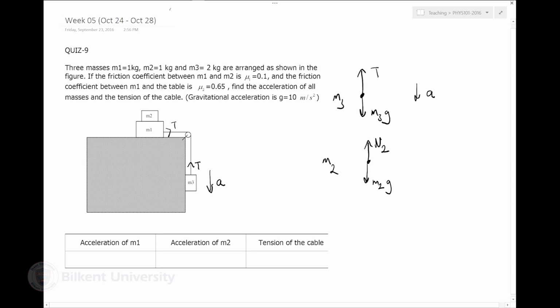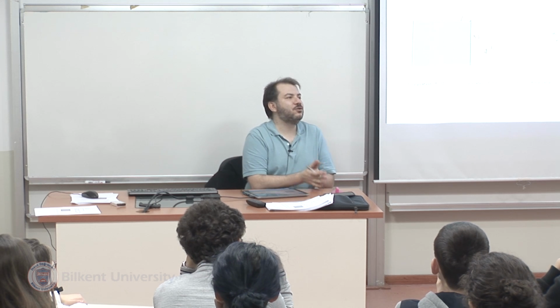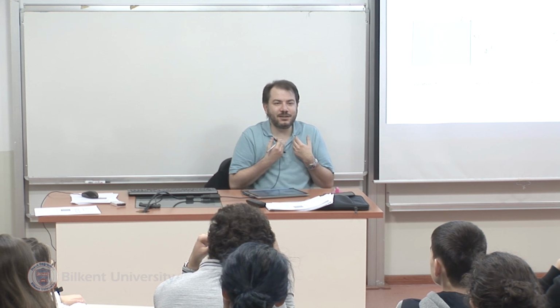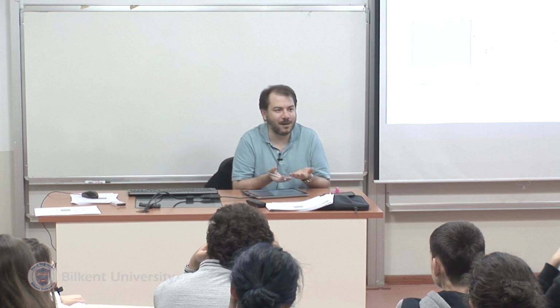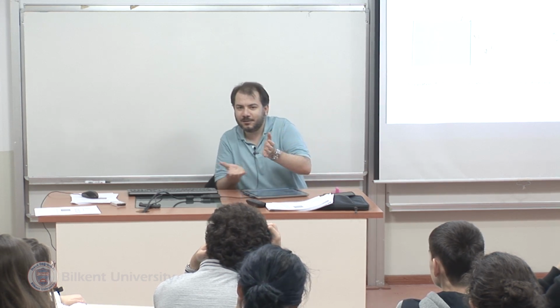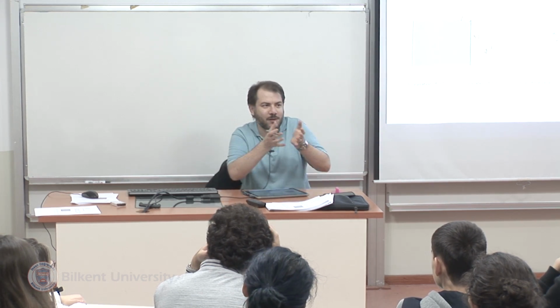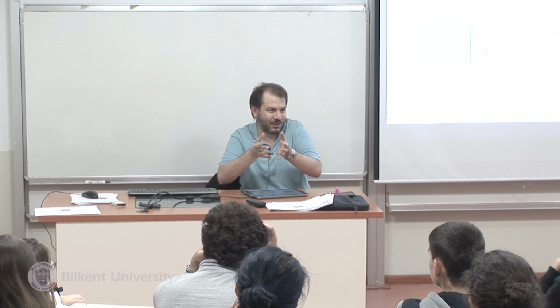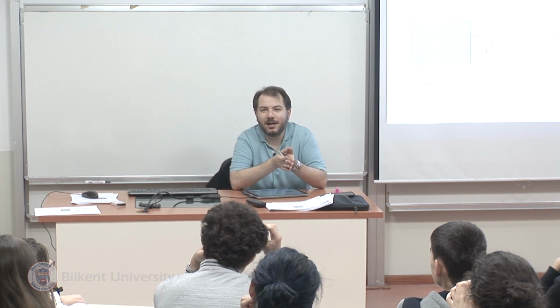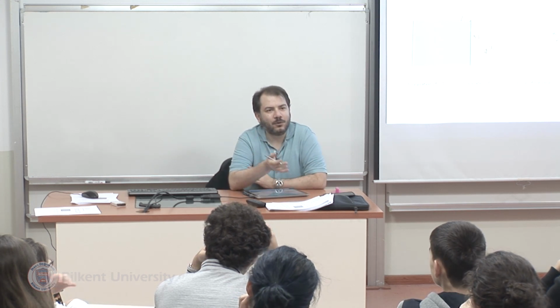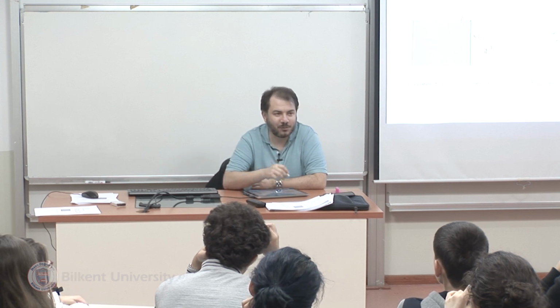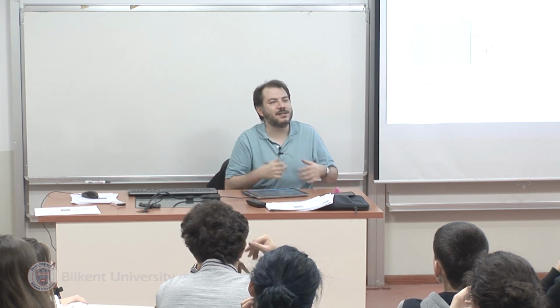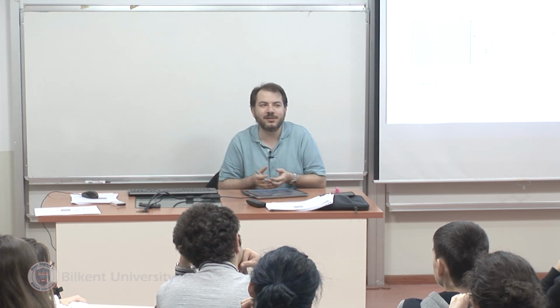Which way is the friction force acting on M2? To the right or to the left? How do we determine that? Well, intuitively, I expect this M2 to be dragged by M1, right? So it's supposed to move to the right. That's my intuition, and I would say friction force must be to the right to cause this motion. Is there a better way to think about these things?